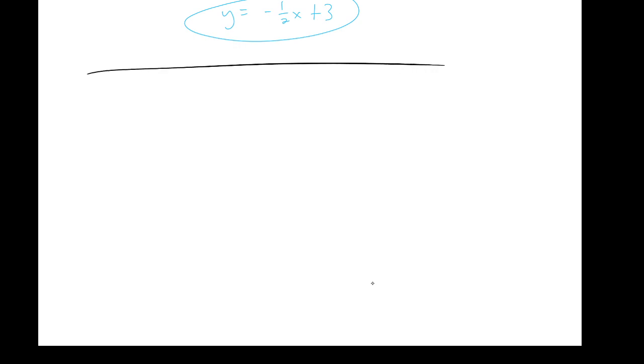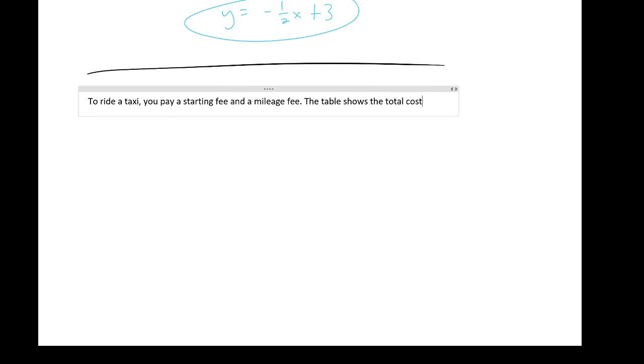It's funny, little problem here. It's going to discuss some kind of antiquated technology, which is, of course, the taxi, something we don't see very often in the year 2020. To ride a taxi, you pay a starting fee and a mileage fee. The table shows the total cost of a taxi ride for different distances.